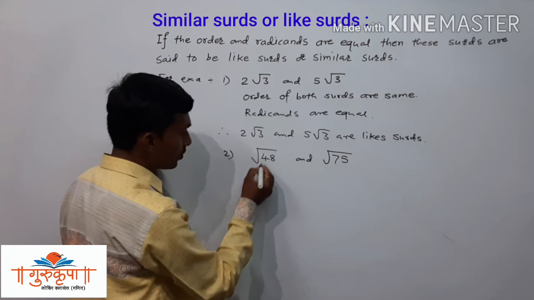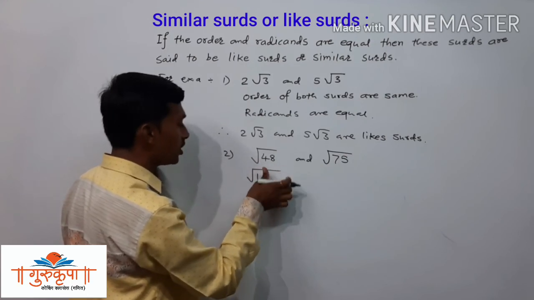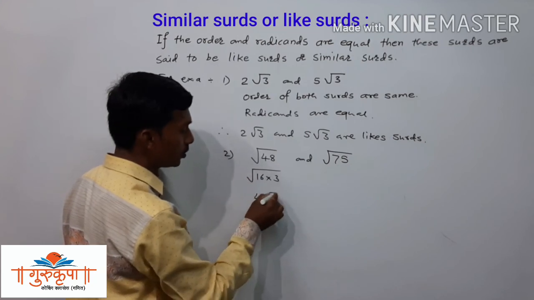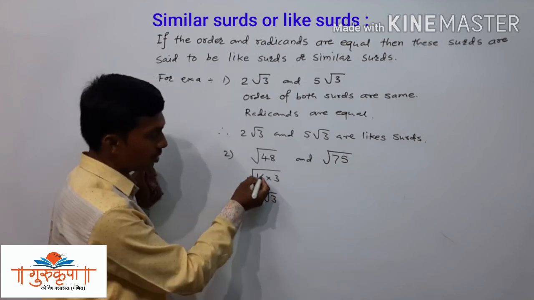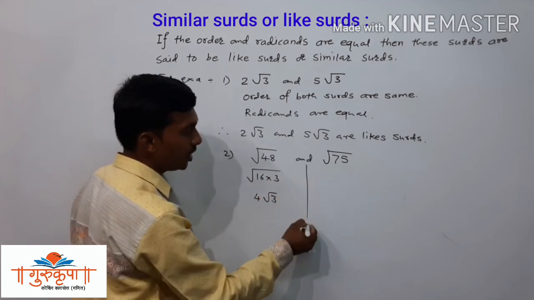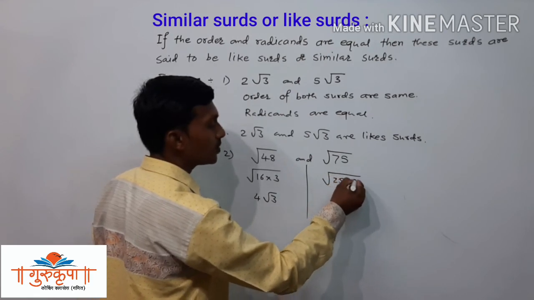We will write the square root of 48 as 16 multiplied by 3, and then as 4 root 3. The square root of 16 is 4 and root 3 remains as it is. And here you can simplify root 75 as 25 into 3.